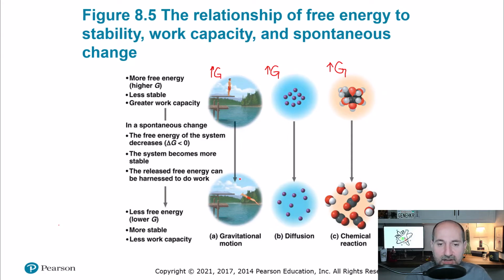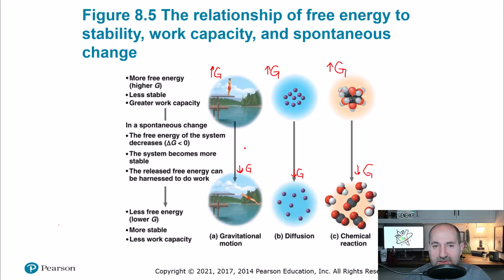And across the bottom, remember, this is a low G value. It's a down arrow, low G value. And here you have a low G value. And again, you have a low G value. Up here, you have high free energy. Down here, you have low free energy.